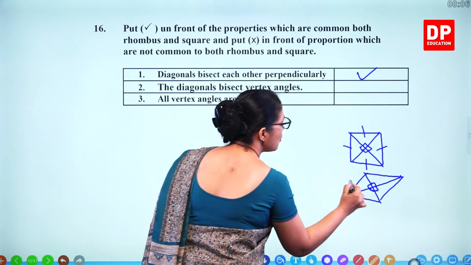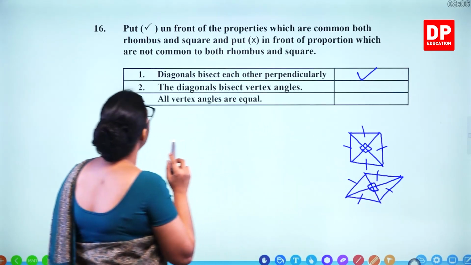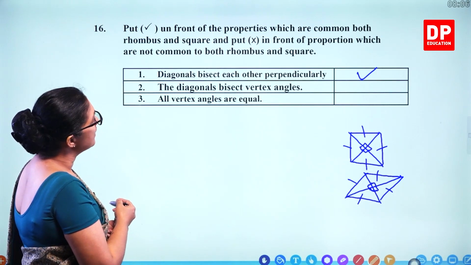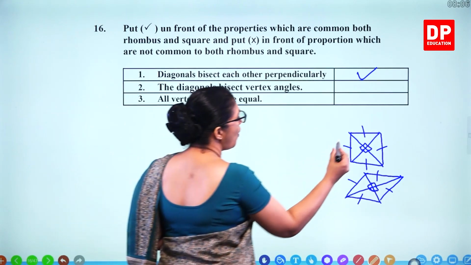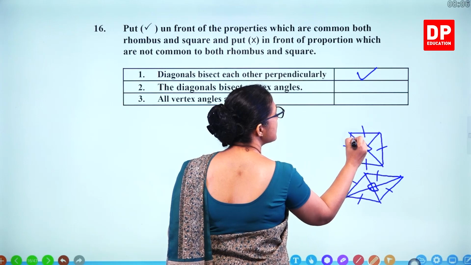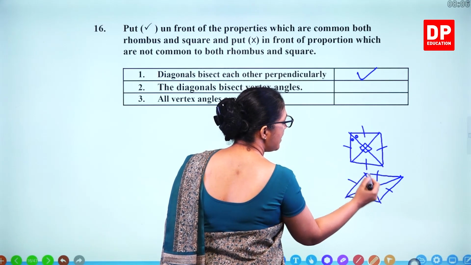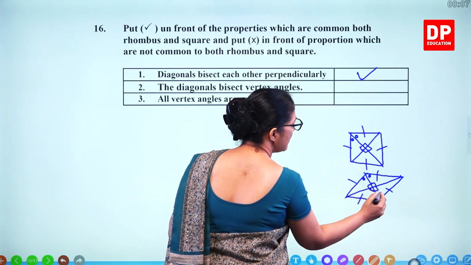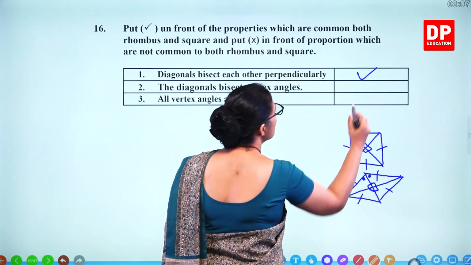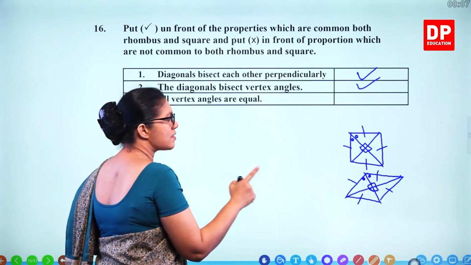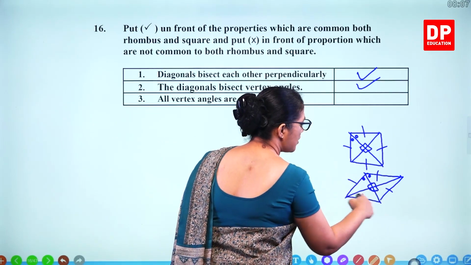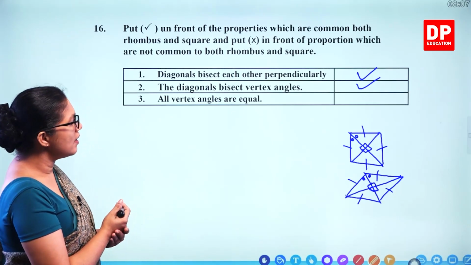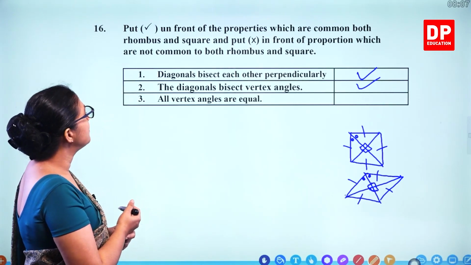So rhombus also, all sides are equal. The diagonals bisect vertex angles. Here this one. So this angle is equal, and in this one, this is also equal. These all angles are equal. So that's also correct, because according to Z angles, that means alternate angles all are bisecting each other.